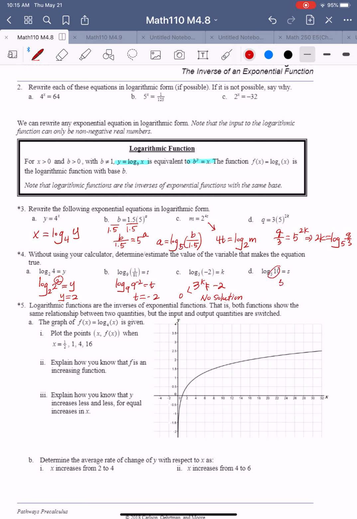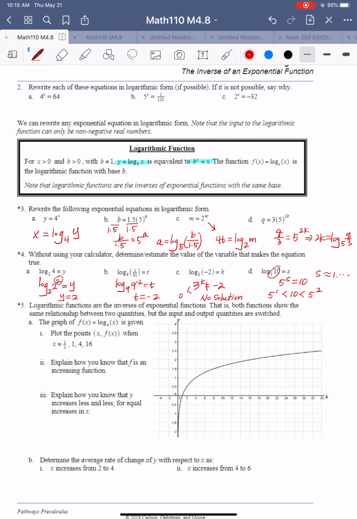So to solve 5 to the s equals 10, without using a calculator, we have to guess the best. 5 to the first power is 5, the second is 25, so 10 is in between 5 to the first power and 5 to the second power, right? So s is about 1 point something.